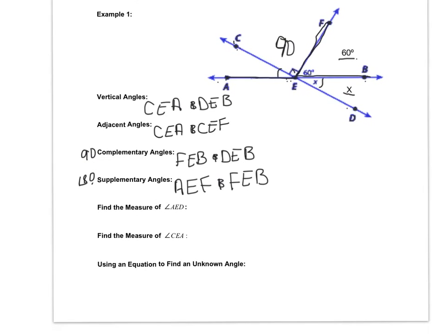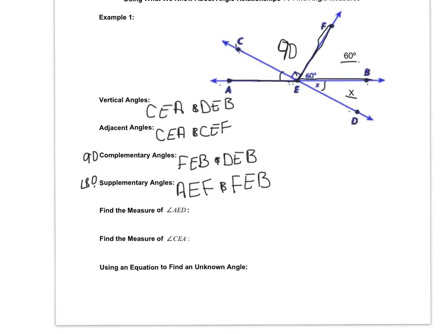Now we need to find the measure of AED. So this is where we really rely on what we know about these angle relationships. So to locate the measure of angle AED, that is right here. Angle AED, that's this larger angle.